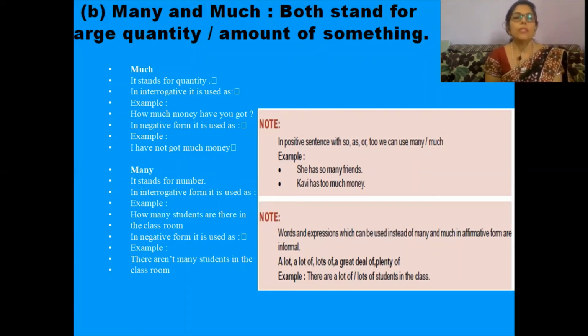If you are saying that there aren't many students in the class, this is the negative. And you can say, how many students are there in your room or in your class? So if you can count, then you can use many. If you cannot count, you can use much.